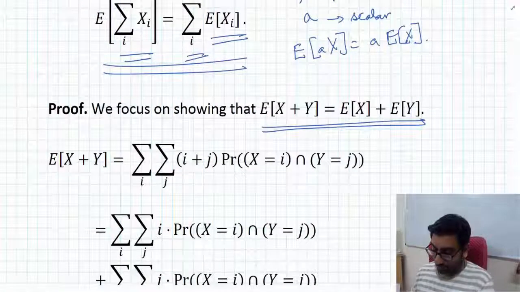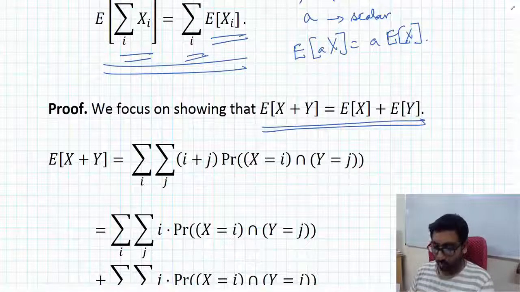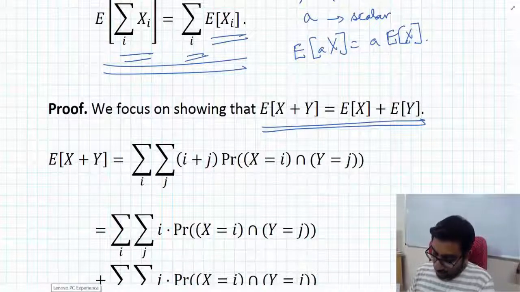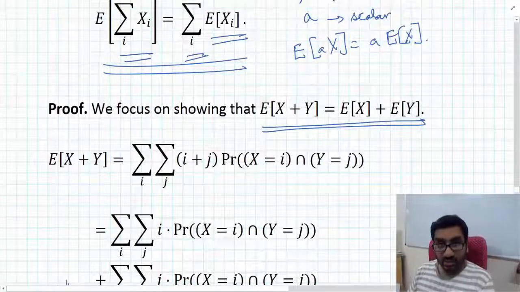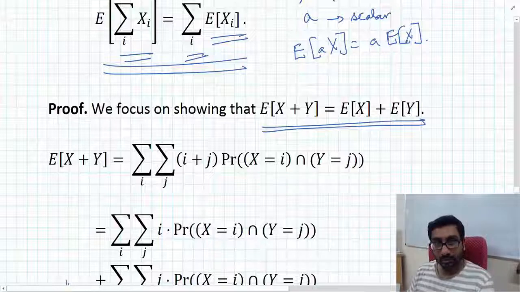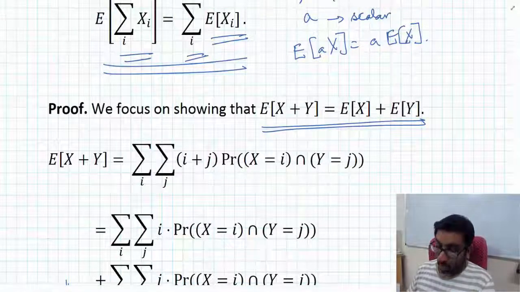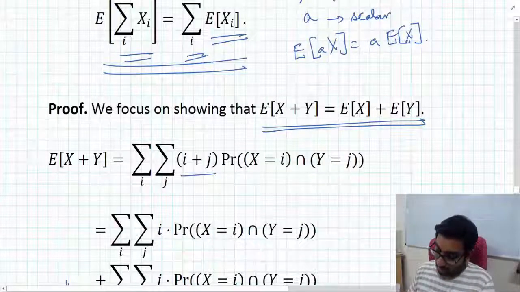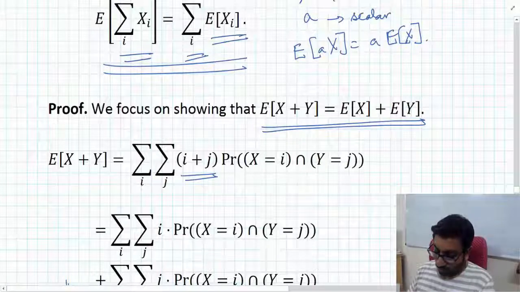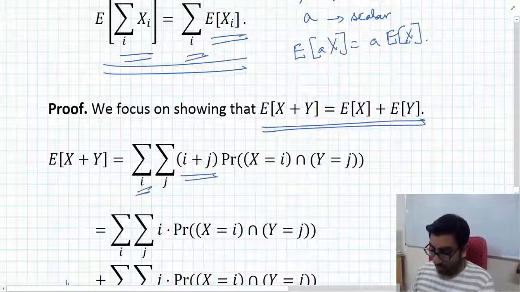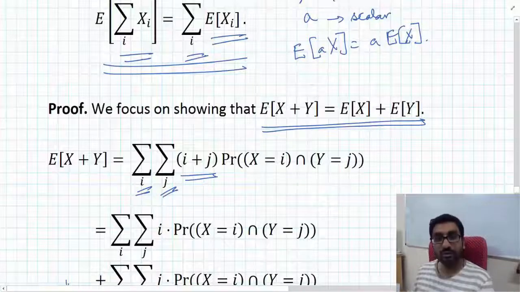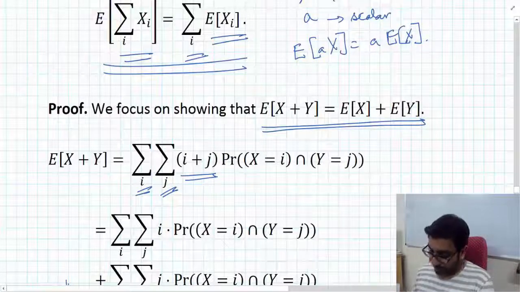So let's start with the left-hand side, E of X plus Y. And X plus Y itself is a random variable. And therefore, what are the possible values that X plus Y can take? It can take all forms i plus j, where i is all the values that X can take and j is all the values Y can take.